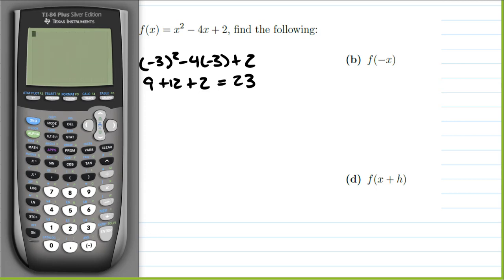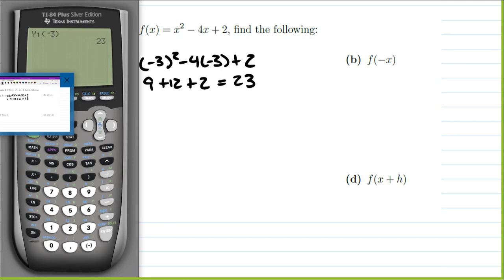And then if we quit back to our home screen, we can press alpha and trace, and it gives us the ability to select y1. And if I just do parenthesis -3, it will evaluate that function that I saved into y1 at x equals -3. And notice we got the output 23, which corresponds to the value that we got doing it manually.